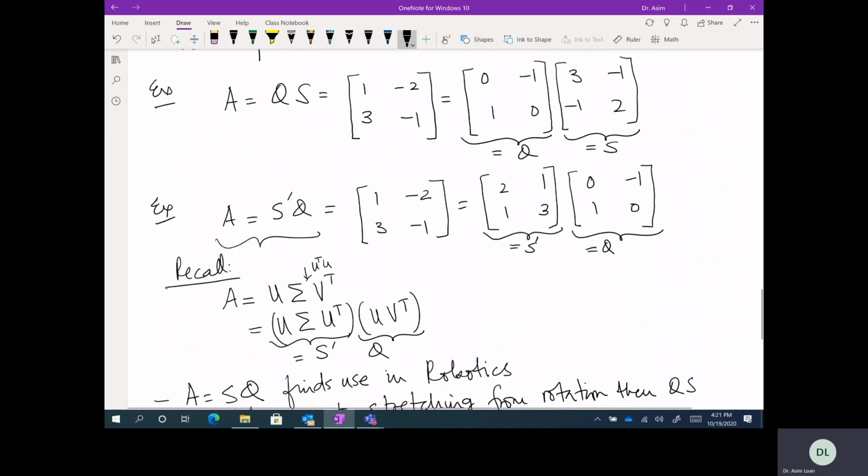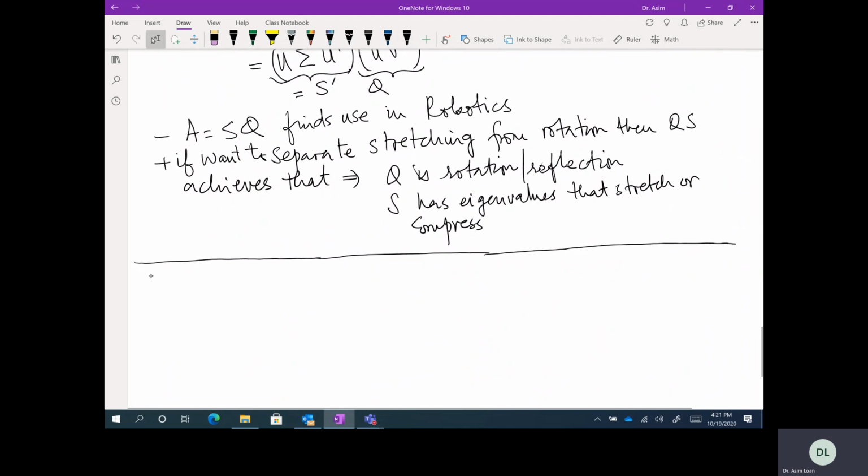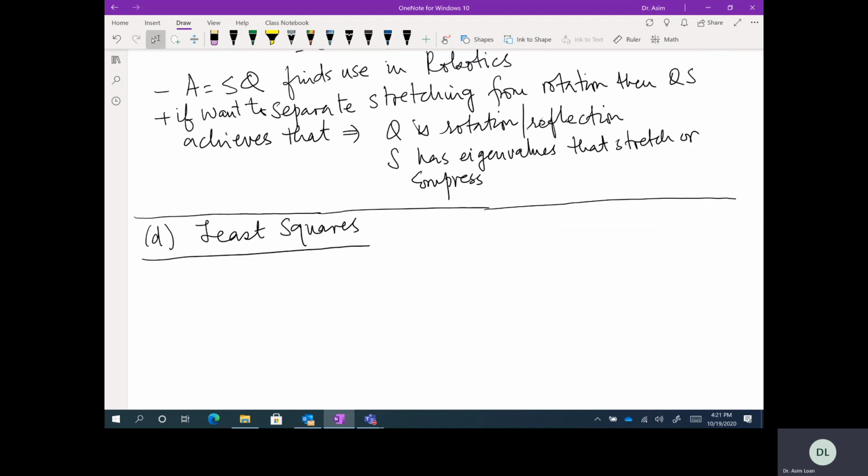Okay. And then the fourth application, which is the most important one probably, is the least squares. So recall from chapter 3, in a rectangular system, AX equals B has a solution when we have the normal equations.